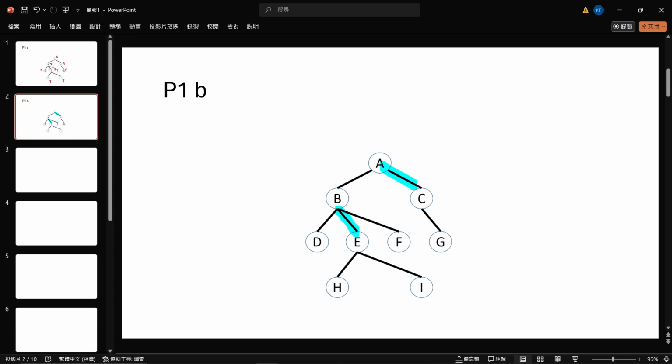Similarly, BD, BF, CG, EH, EI, all these edges cannot be added to the matching. So we've checked all the remaining edges, and we cannot add any more edges to the matching. So this is maximal.